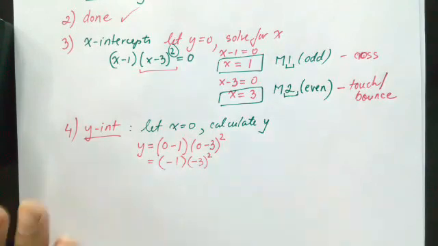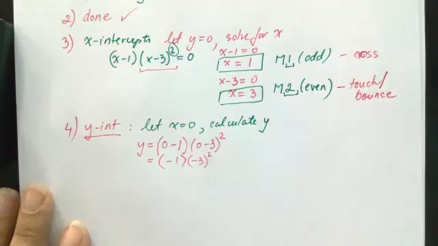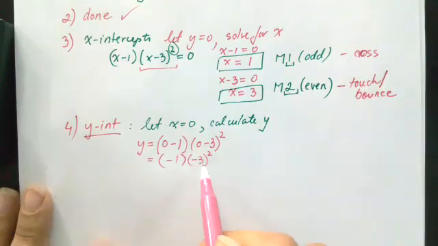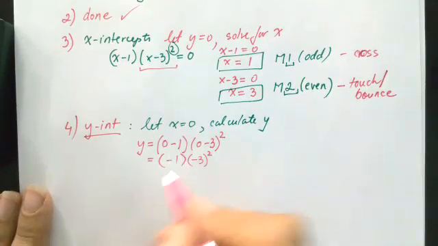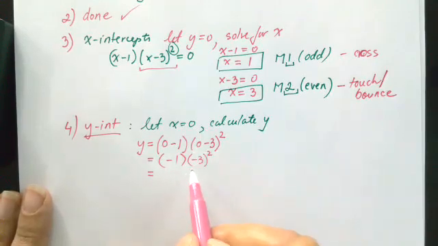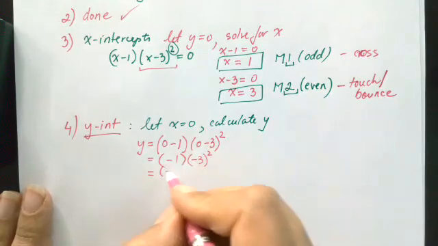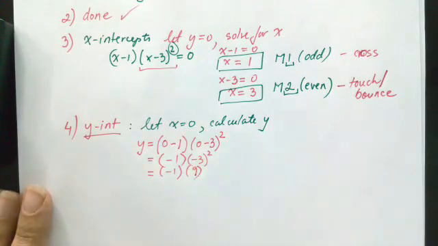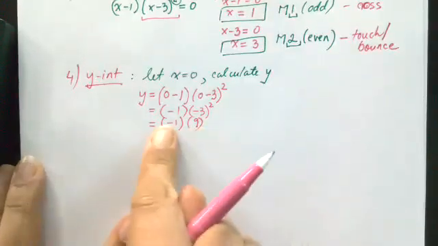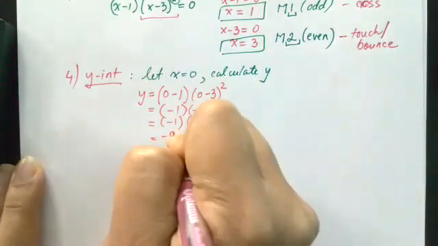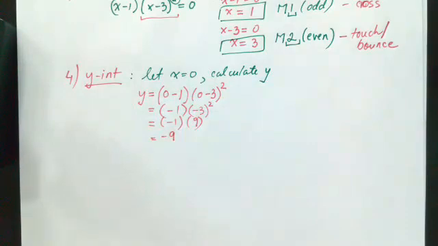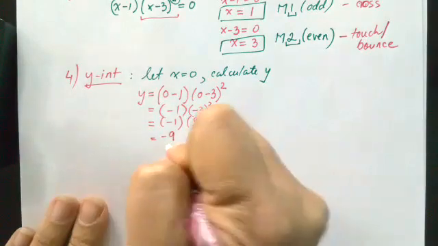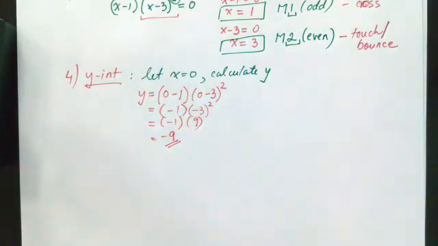It's -3, squared. Now, between -1 times -3 squared, which do you have to do first? The squaring. -3 squared gives you +9. And then 9 times -1 is -9. So our y-intercept is at -9. Clear?